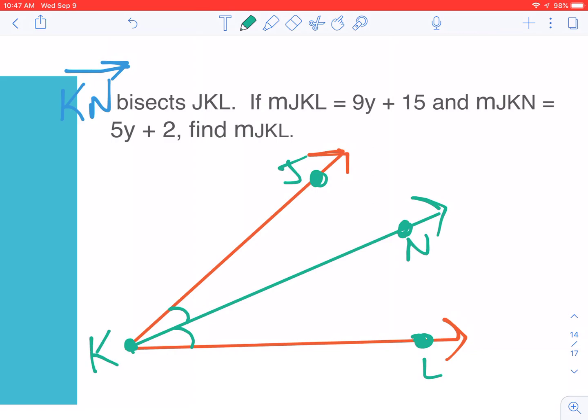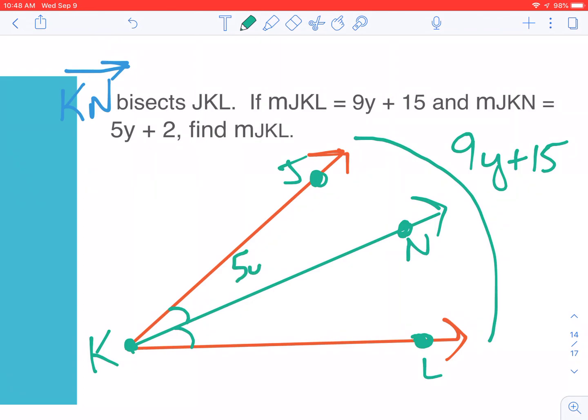Okay? So JKL equals 9y plus 5. So if it's the whole angle, I'm going to put 9y plus 5. JKN is 5y plus 2, so I write that in here. And that's all I have.